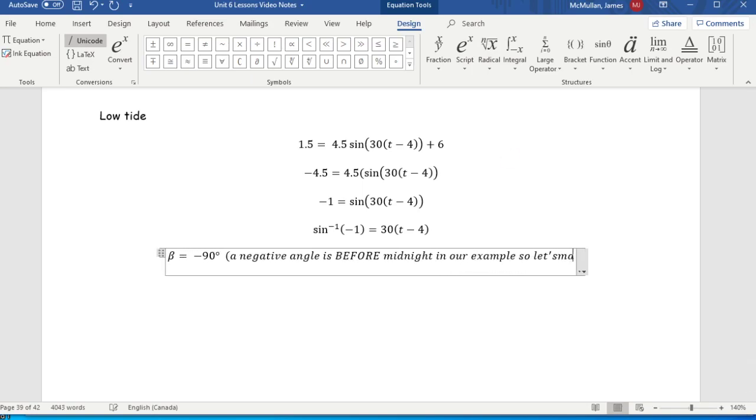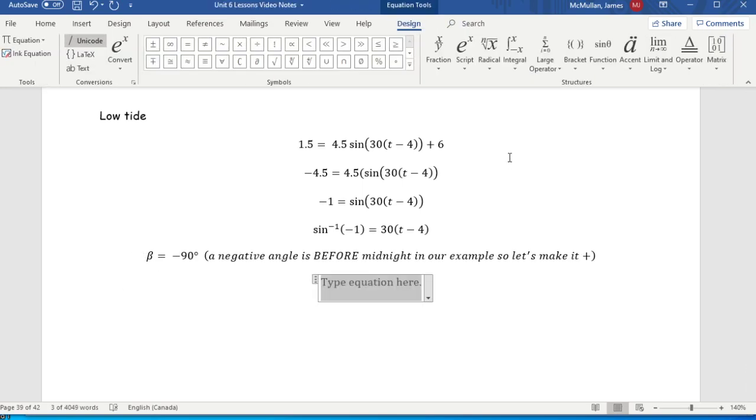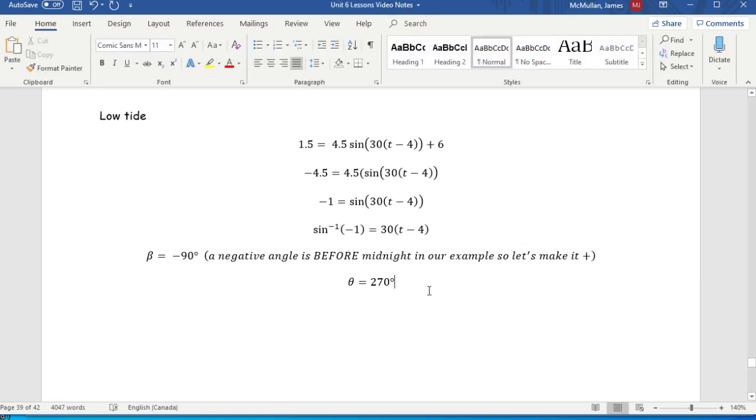So let's make it positive. How do you make negative 90 a positive angle? Theta would have to equal 270 degrees. So 90 rotating in a negative direction is the same as 270 rotating in a positive direction. So we say theta is 270.